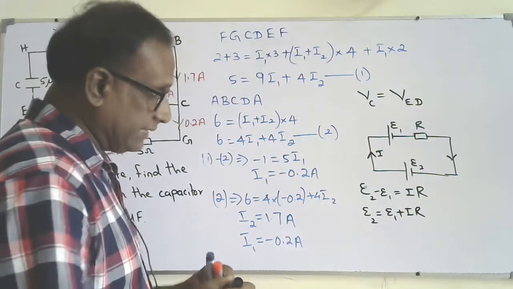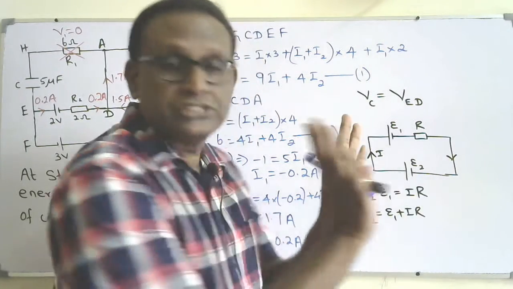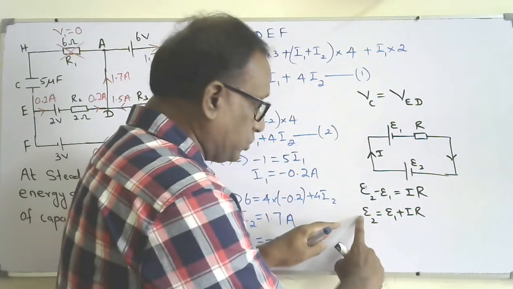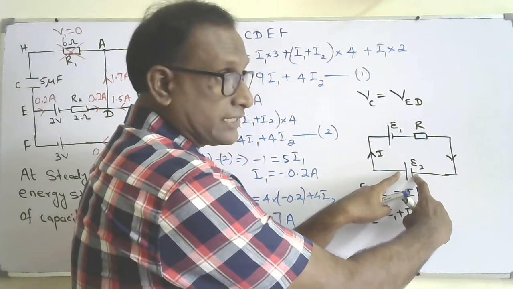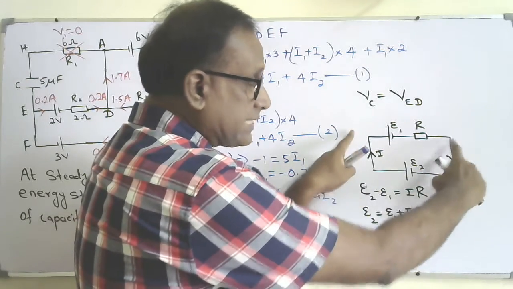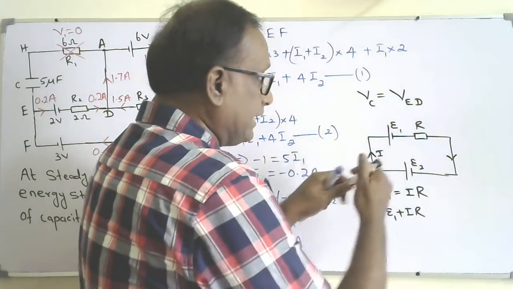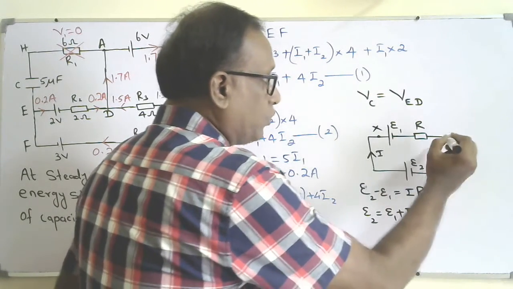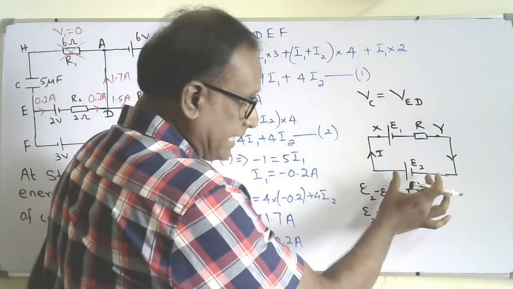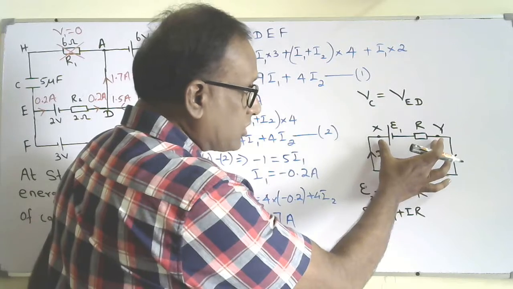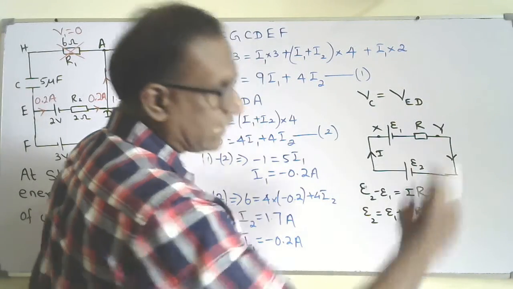Here you can see that E2 is the voltage across the terminals of this cell. I didn't show any internal resistance. If you connect a voltmeter here, that will read the voltage across E2. These connecting wires have no resistance, which means the voltage across E2 is the same as the voltage across these two points X and Y. But the voltage across X and Y in terms of E1 is given by E1 plus IR.